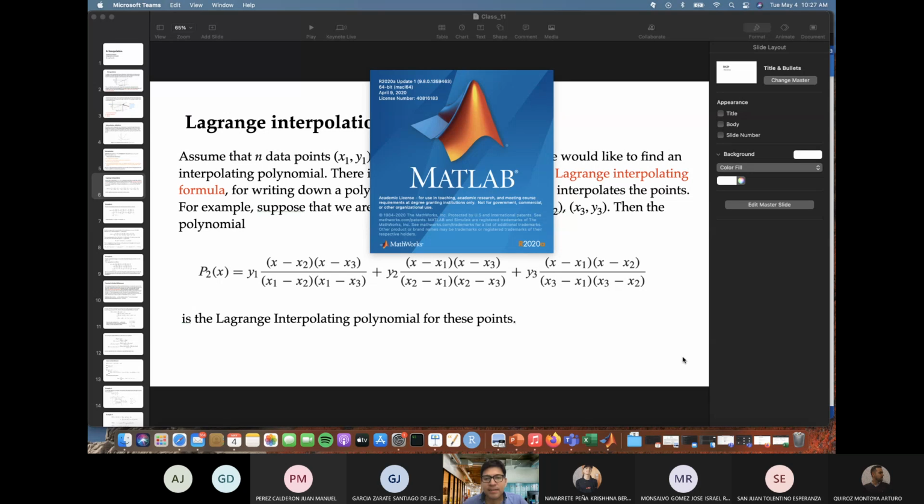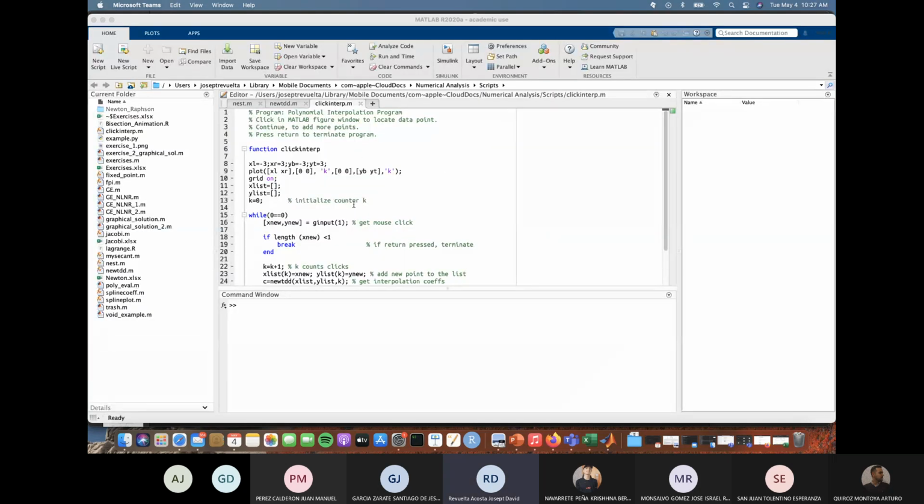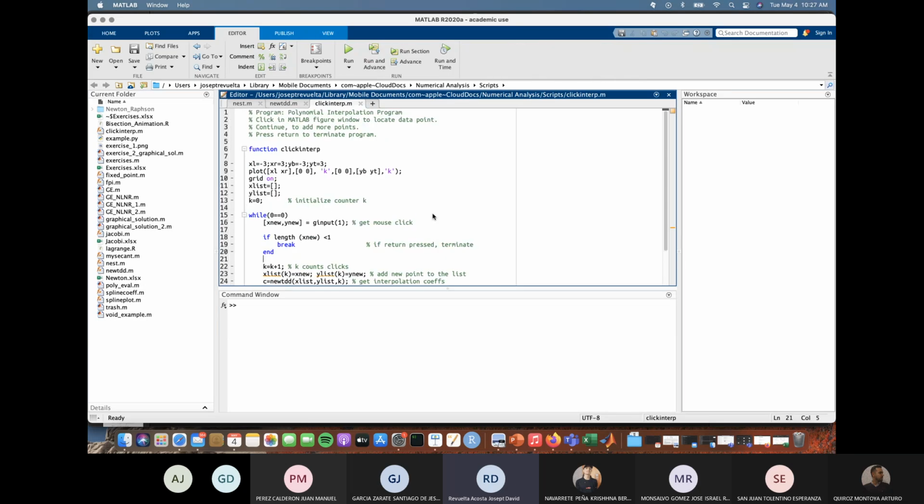So this is the program I was about to show you. In MATLAB, for example, we can actually run it.